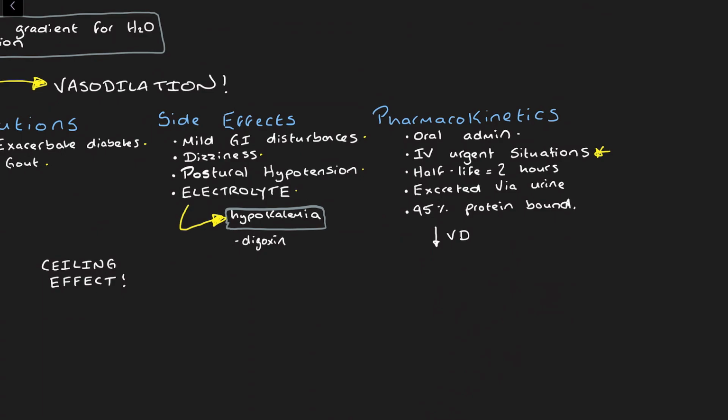When taken orally, they act within 1 hour. With IV, the peak effect is usually within 30 minutes, and the half-life of the drug itself is 2 hours. It's eliminated via urine, and 95% is bound to plasma protein, so therefore it has a low volume of distribution.